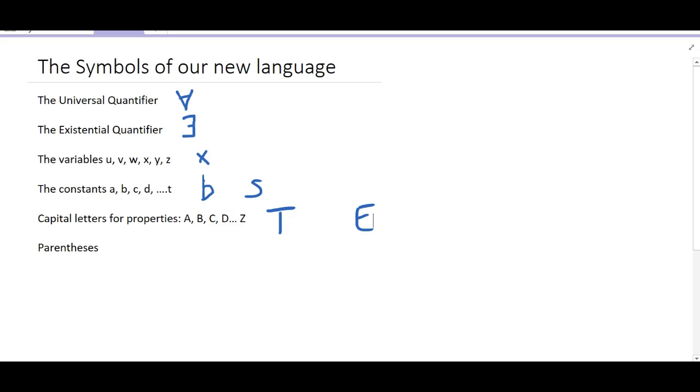And what you do in this language is you place the individual that the property belongs to to the right of the letter that represents the property. So if you want to say Barack Obama is tall, then you would say TB. And you read it, B is T. So Barack Obama is tall.